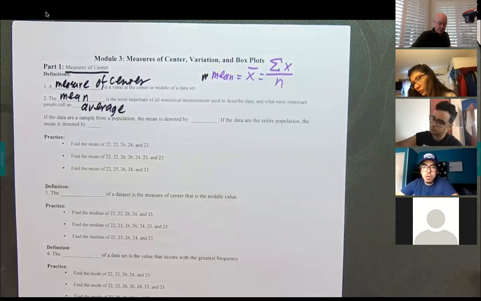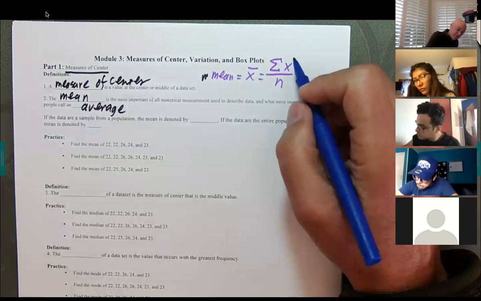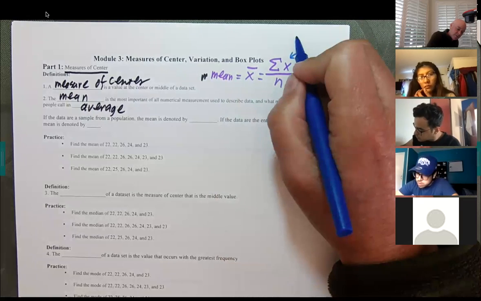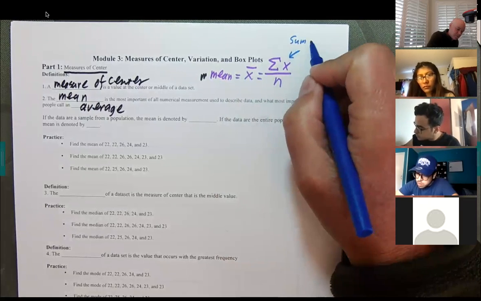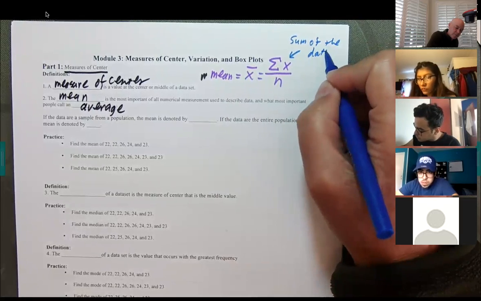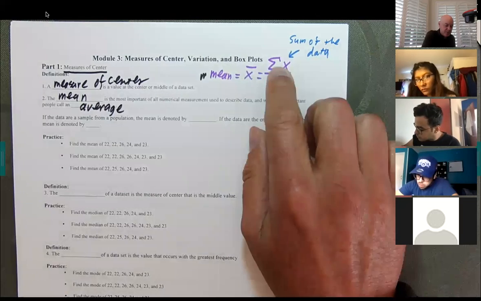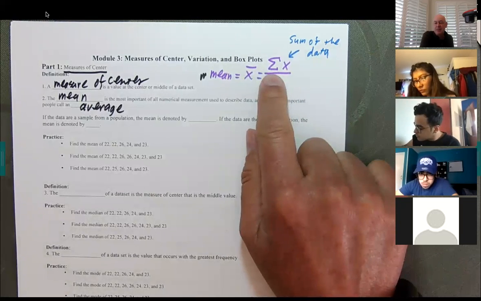And we're going to learn a new symbol today. This is the sum of the data. This weird symbol that's new for us is called a sigma.